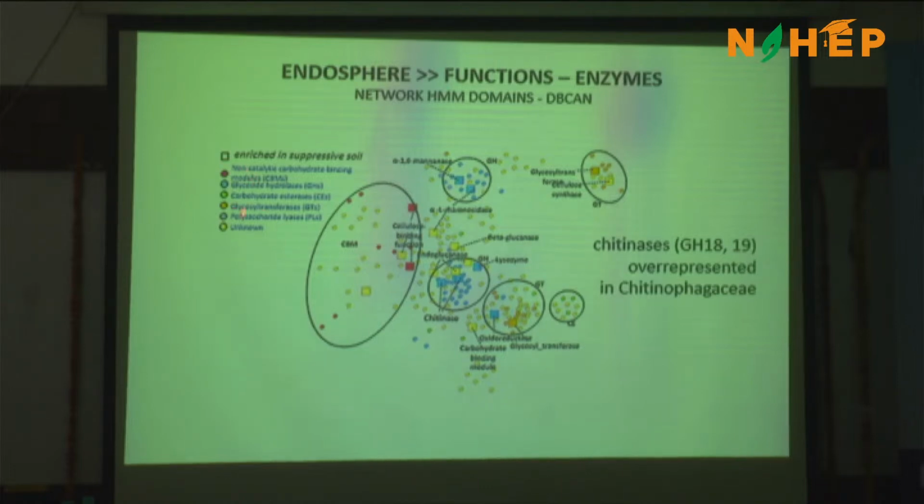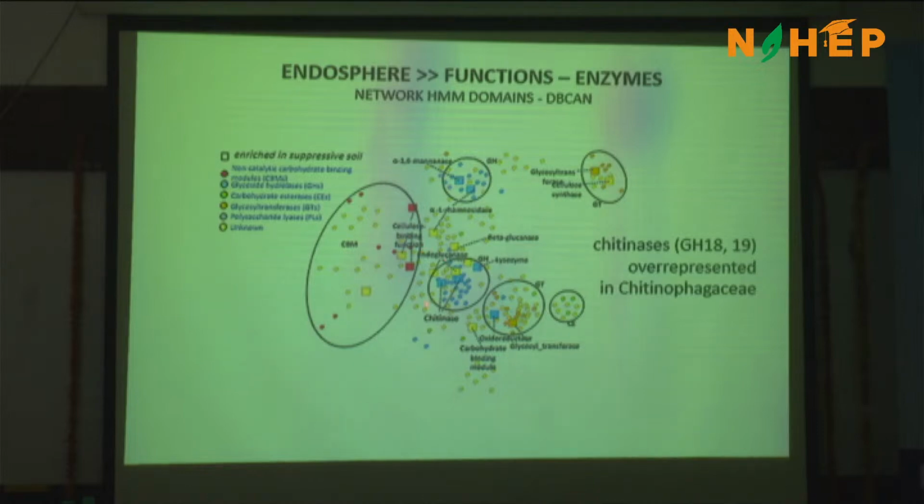And in colors, we have the different types of carbohydrate degrading enzymes. And in squares, we are representing the ones that were enriched in the suppressive soils, in the plants when they were growing in the disease suppressive soils, and then we isolated the endophytic microbiome from there.